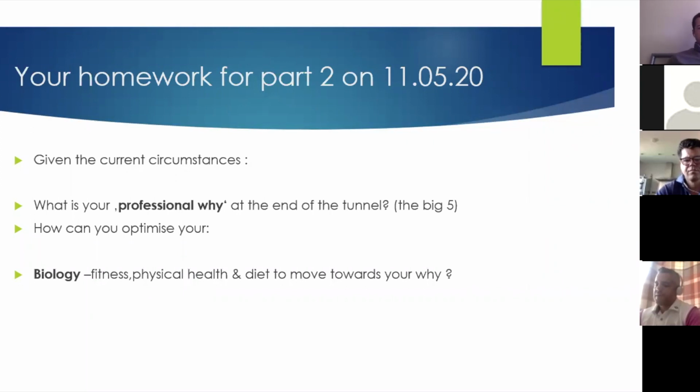There's over 30 years of research that says when we get fitter physically, we also feel better mentally. So what could we do, given these times, to possibly improve our fitness, to feel psychologically better, to help us towards your goal, your why?